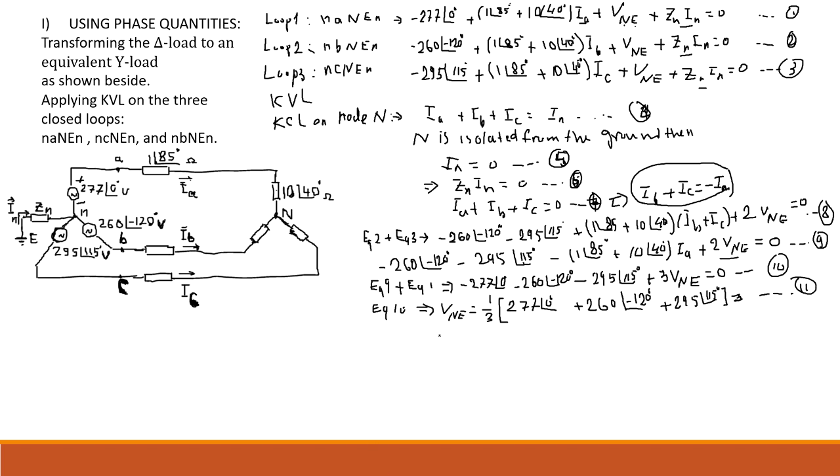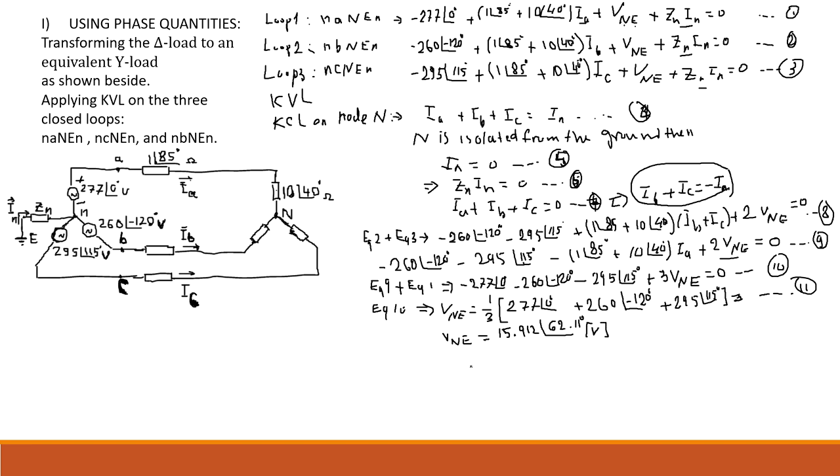Equation number 11, from which we can calculate VNE, the result of the summation of these three voltages divided by 3, is equal to 15.912 with an angle of 62.11 degrees volt.